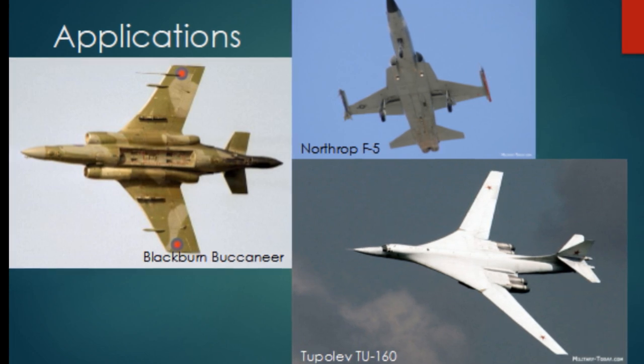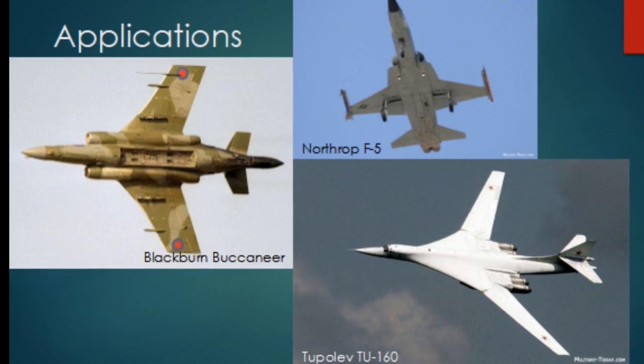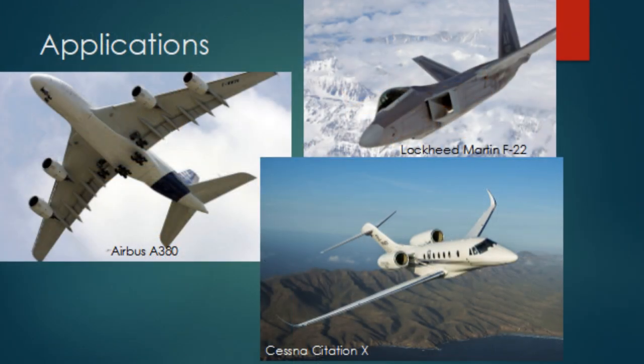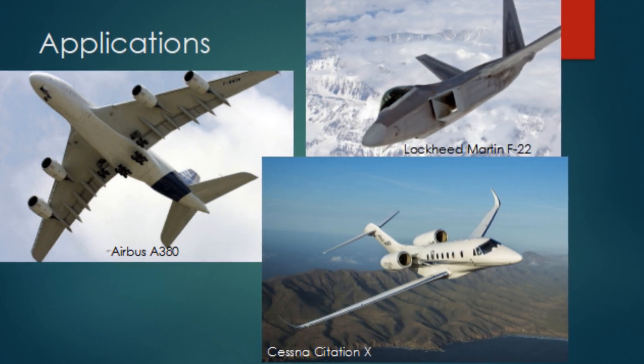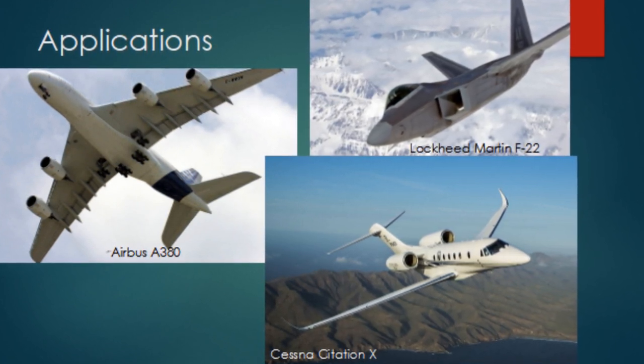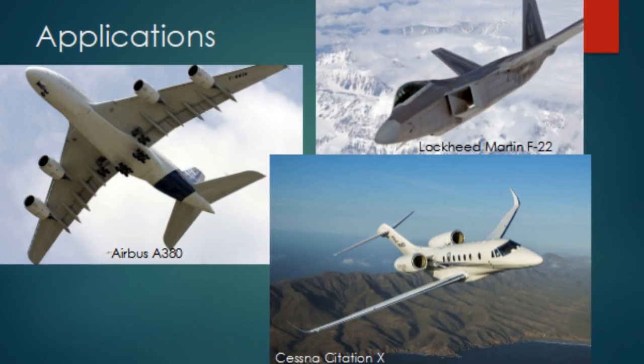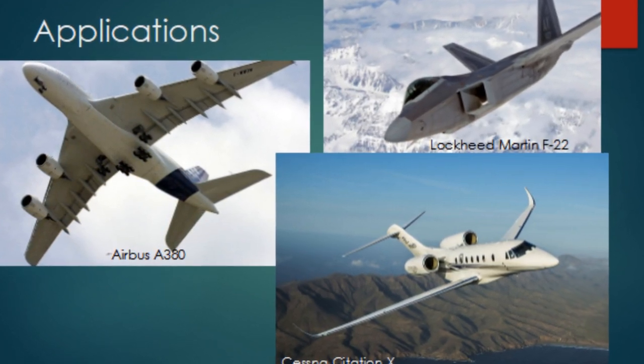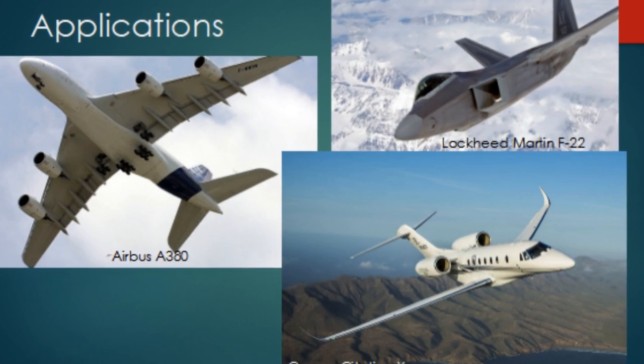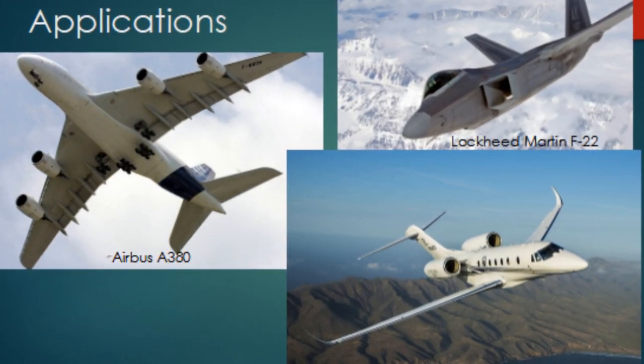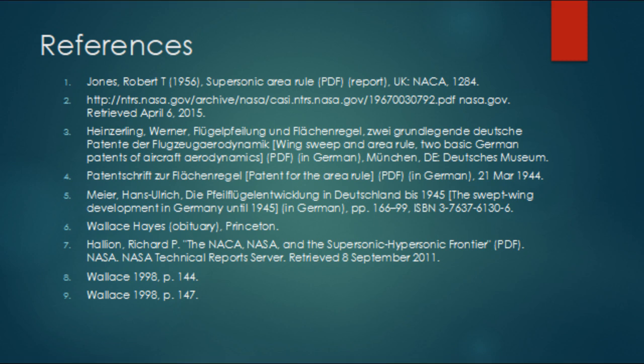The same effect is now achieved by careful positioning of aircraft components, like the boosters and cargo bay on rockets, the jet engines in front of and not directly below the wings of the Airbus A380, the jet engines behind and not purely to the side of the fuselage of a Cessna Citation X, the shape and location of the canopy on the F-22 Raptor, and the image of the Airbus A380 above showing obvious area rule shaping at the wing root. This is seen on the screen, which is practically invisible from any other angle.